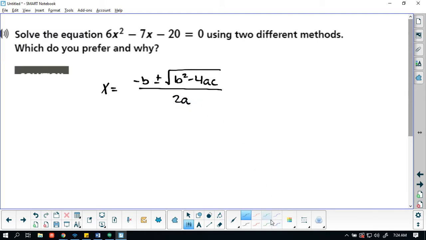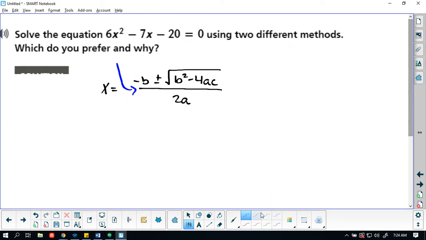Now here is a common mistake. People forget to put the full thing over 2a. The negative b is included in this whole expression, so you need to make sure that negative b is also being divided by that 2a.